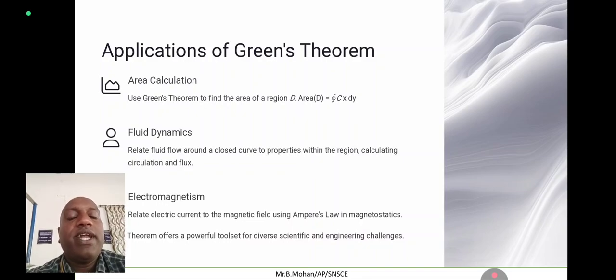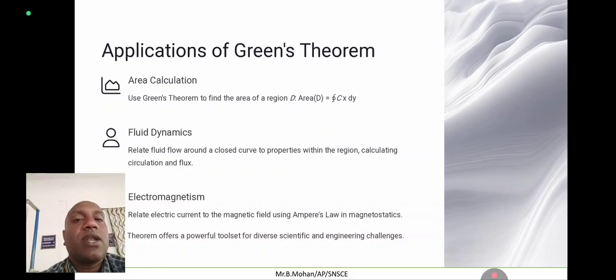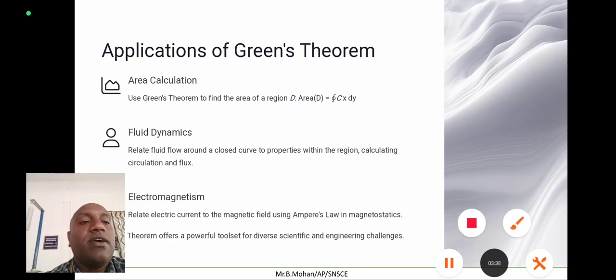Fluid dynamics is a very important application of Green's theorem, because it relates fluid flow around a closed curve to properties within the region, such as circulation and flux.